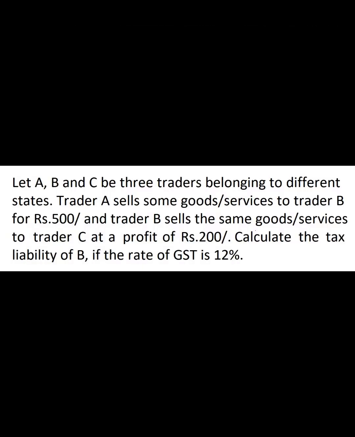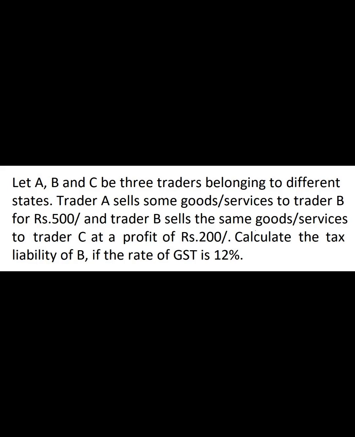Let A, B, and C be three traders belonging to different states. Trader A sells some goods or services to trader B for rupees 500, and trader B sells the same goods or services to trader C at a profit of rupees 200.